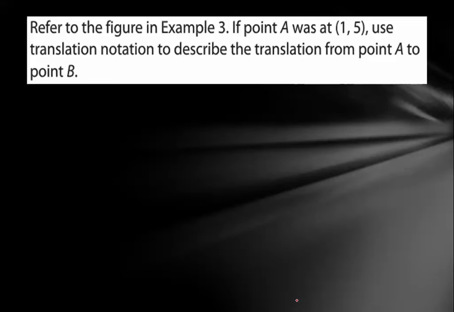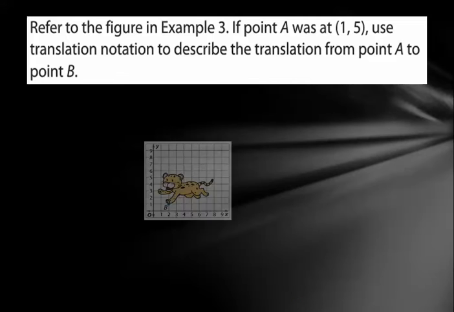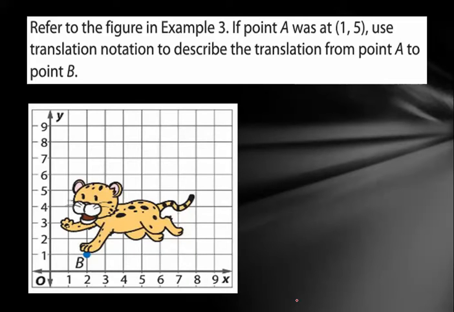Now for example 3. We want to refer to this figure right here. And if point A is at (1, 5), right there it goes, showed up. Use translation notation to describe the translation from point A to point B. Okay, so that means our pre-image was at (1, 5).